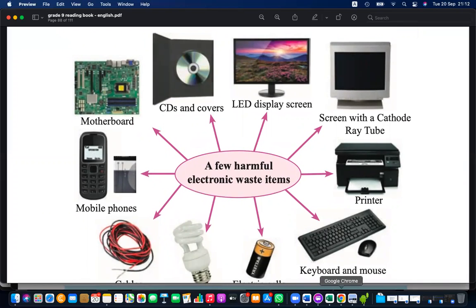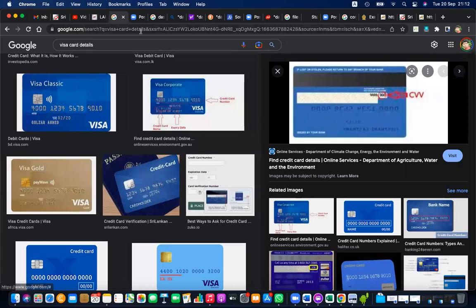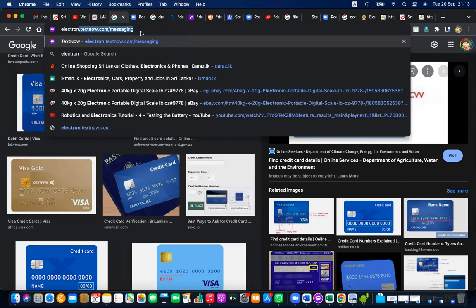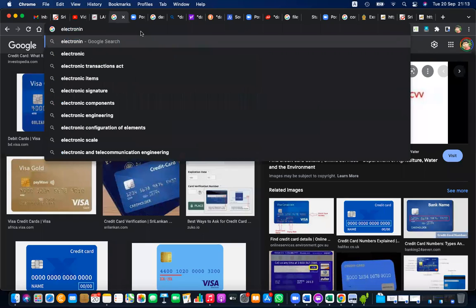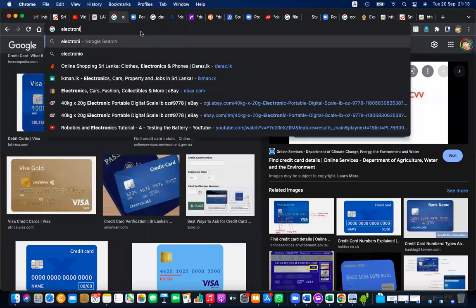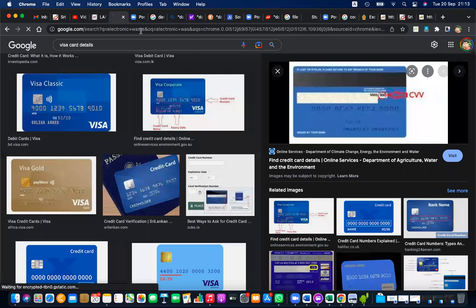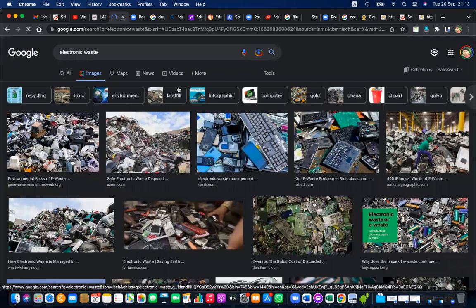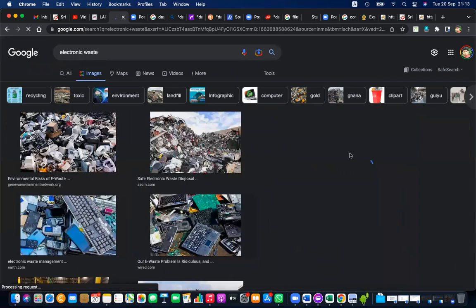So there are a lot of e-waste stages. You can see here the electronic waste stages. The first thing they do is ship it from the developed countries to poor countries like us. But we cannot use these kinds of items.